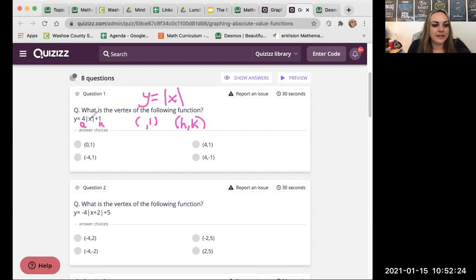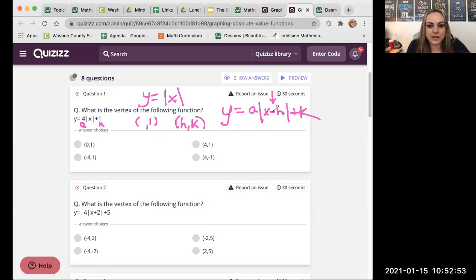and if you look at the vertex form of an absolute value equation, here's how it is written. Whoa, that was supposed to be a k. So the h and the k make the vertex. This is the difference between the x input value and the vertex value for x.